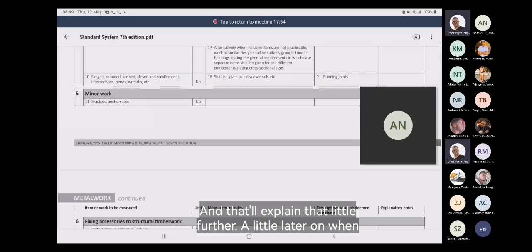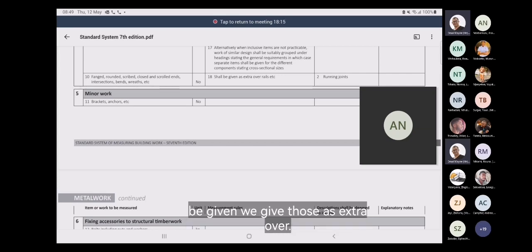I will explain that a little further, a little later on, when we get to the drawing of the staircase, where these come in to do with the bends, the intersections, the scrolled ends, and will be measured in number, and we will give those as extra over rails.